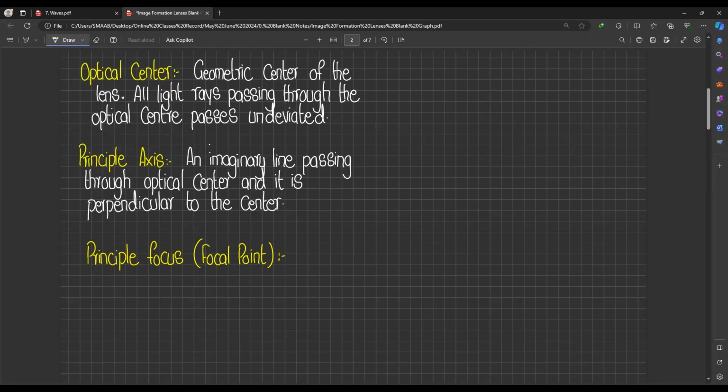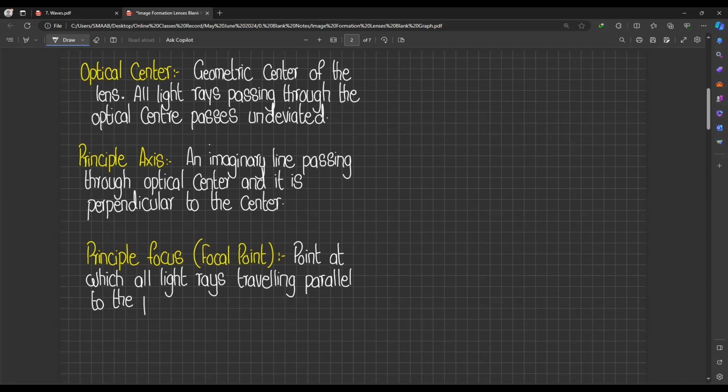This focal point can be explained by using the definition: the point at which all light rays traveling parallel to the principal axis converge at a single point. So that single point is known as the principal focus, or focal point.